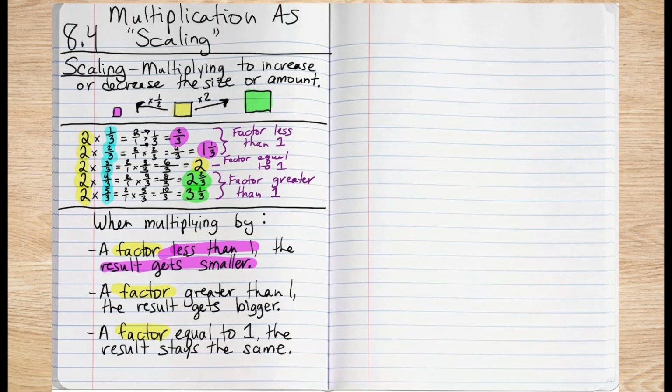When we multiplied by a factor that was greater than 1, the result gets bigger. I guess I could have used the word greater there. And when we multiply by a factor equal to 1, the result stays the same.